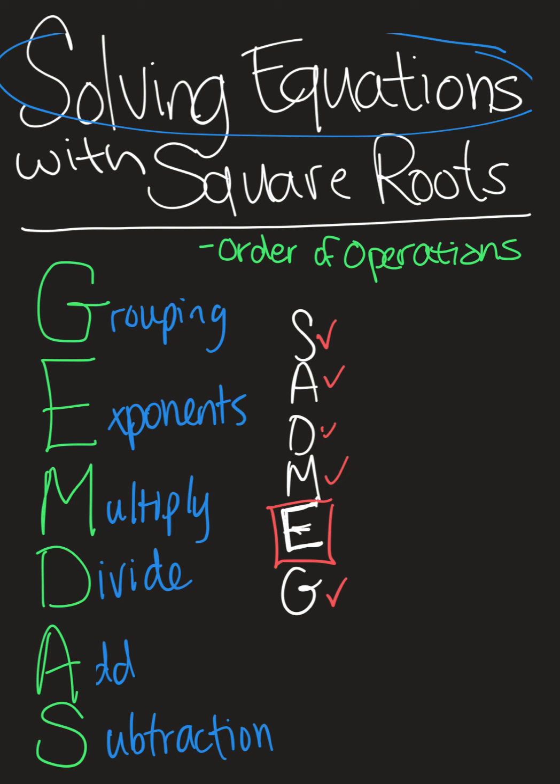Well, the opposite operation of an exponent, as we've talked about in previous lessons, is a root. Okay, the opposite of a radical is an exponent, which means the opposite of an exponent is a radical or a root.